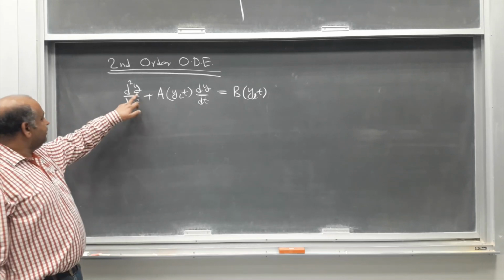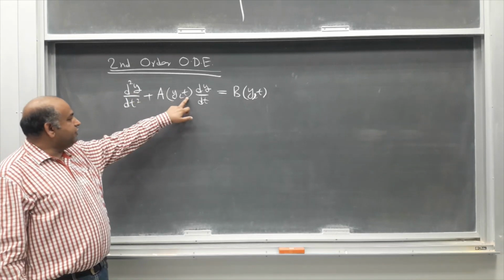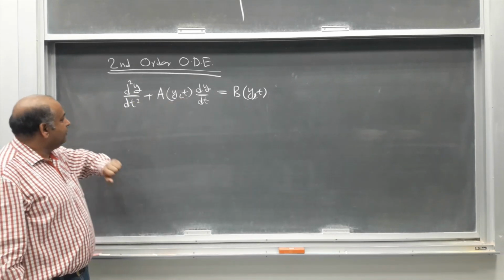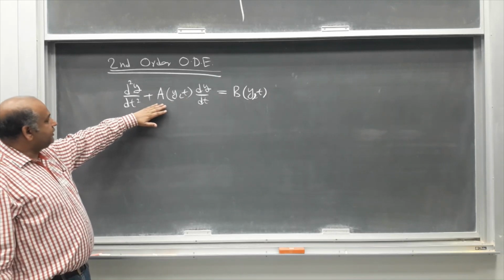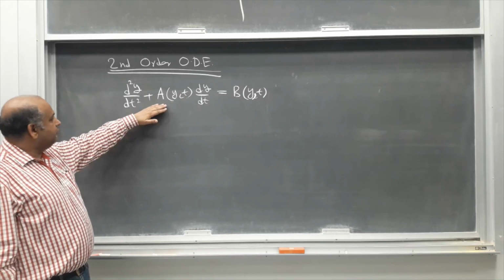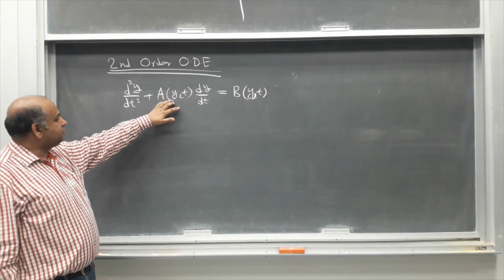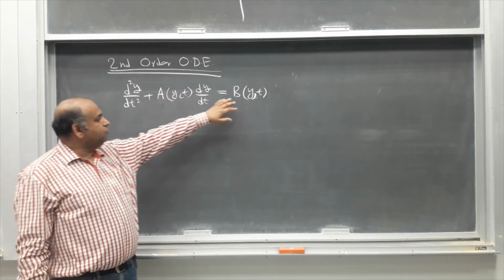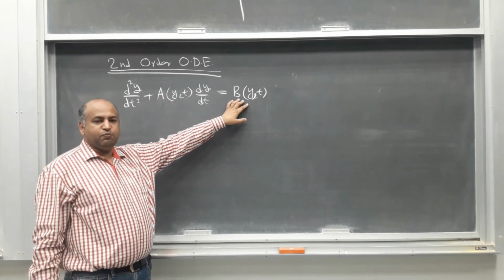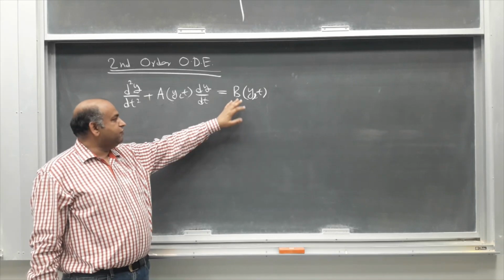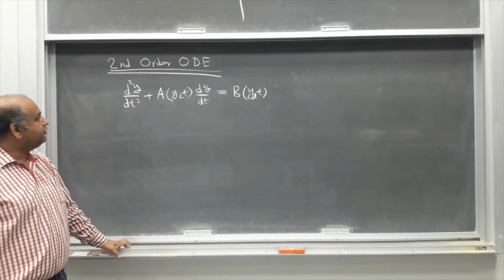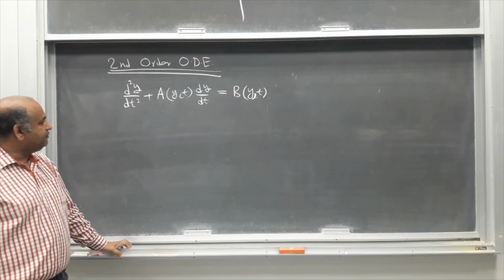So we have one dependent variable y and one independent variable t. So this is a general second order differential equation. It doesn't matter if the coefficients are constant or not, and also we can have a forcing function, no problem with that. We can solve an arbitrary second order differential equation using this numerical method.